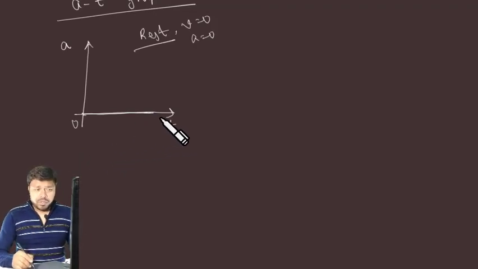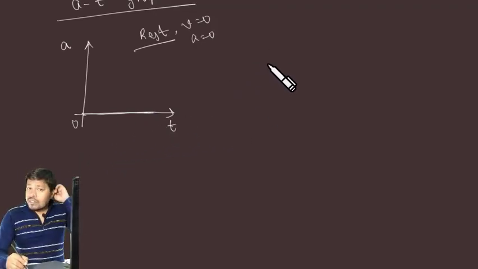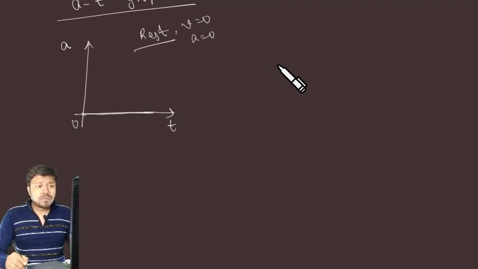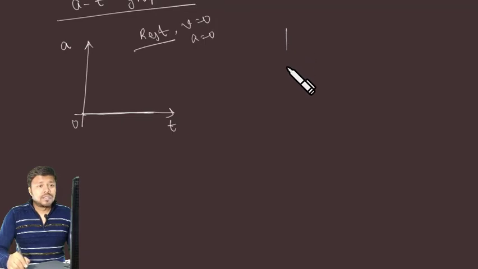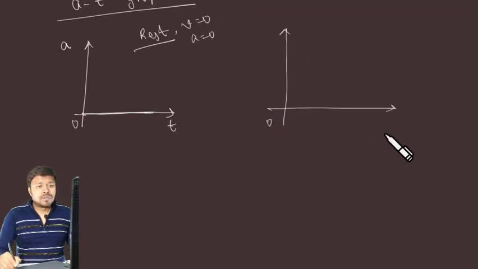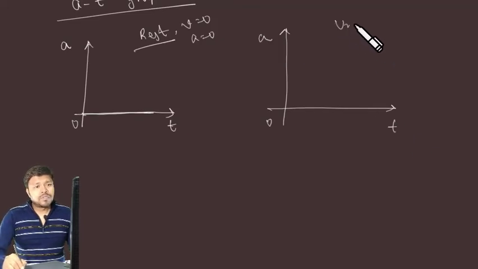Alright. Next, the body is at uniform motion. Uniform motion means what? Again, the acceleration is 0. Uniform motion means the velocity equals to constant, means acceleration equals to 0.